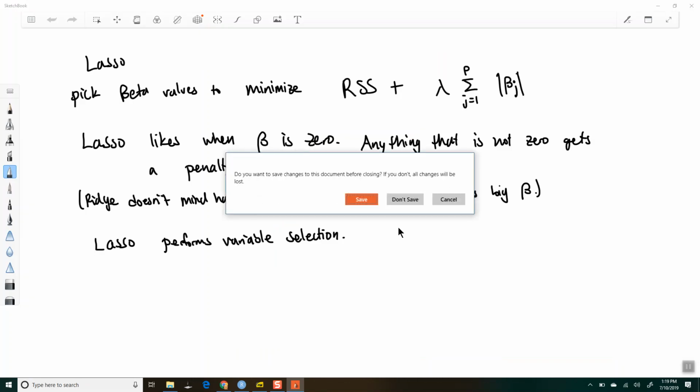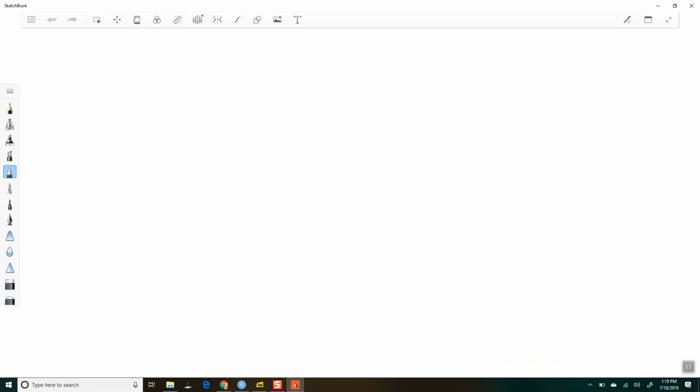If you have points that look like this, regular old least squares regression wants to minimize the residuals everywhere, so it's going to fit something like this, okay?